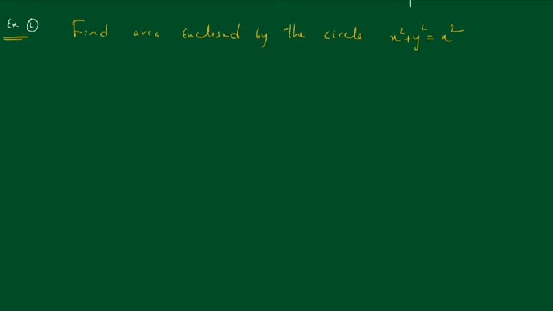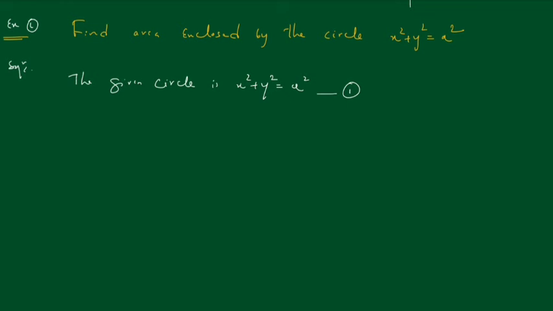First we have to plot the graph. On solution: the given circle is x square plus y square equals a square.